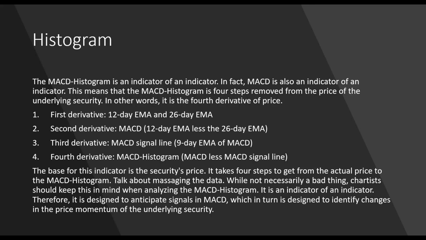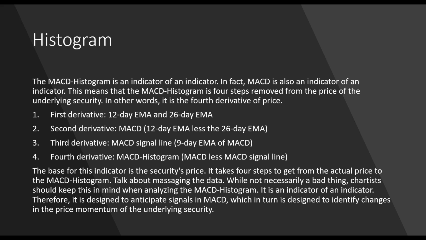So MACD is a histogram. The MACD histogram is a four-step derivative from price action. The first derivative is the 12-period EMA and the 26-period EMA. Second derivative is the MACD line, which is the 12-day minus the 26. The third derivative is the MACD signal line, which is a 9-day EMA of the MACD line.